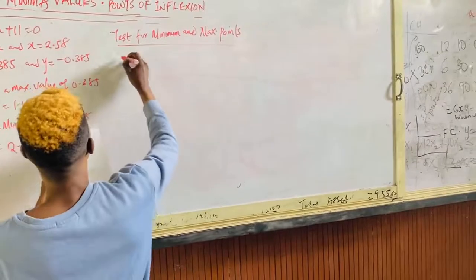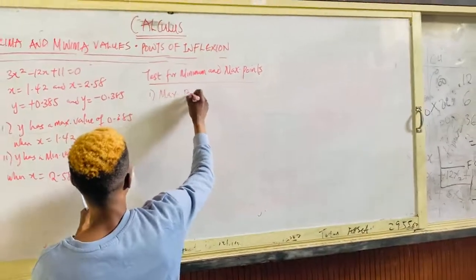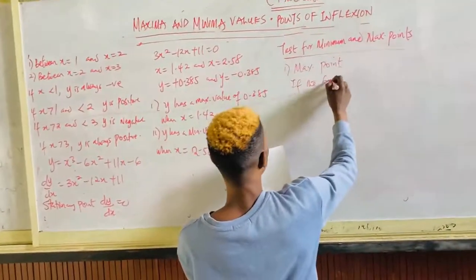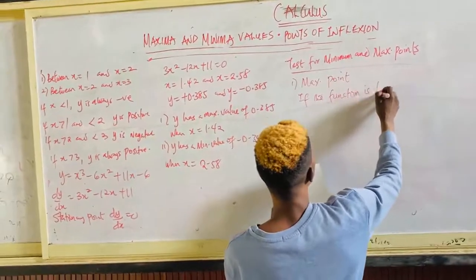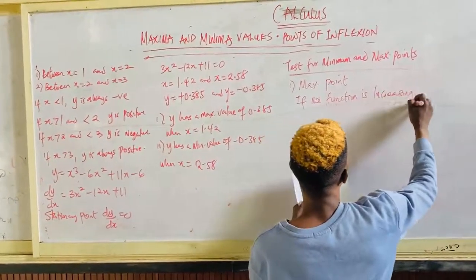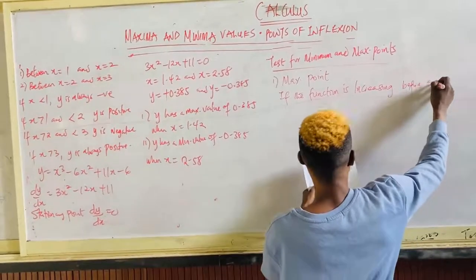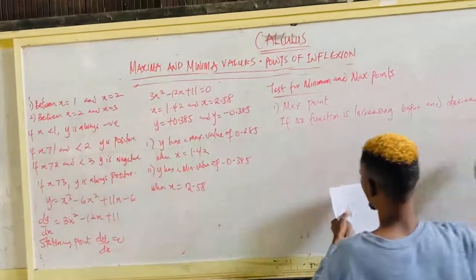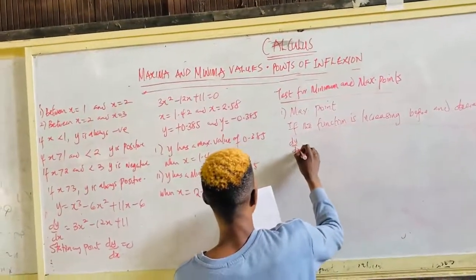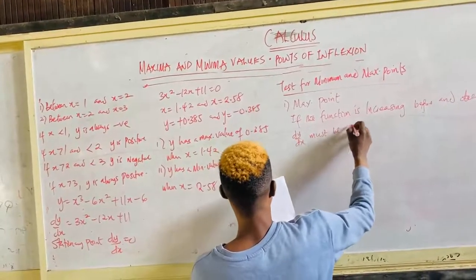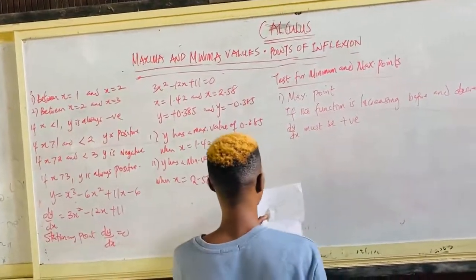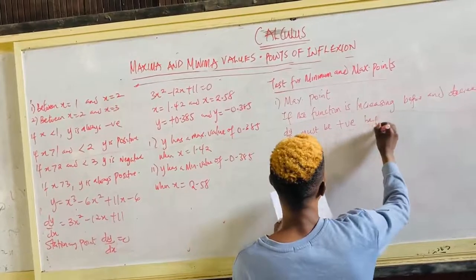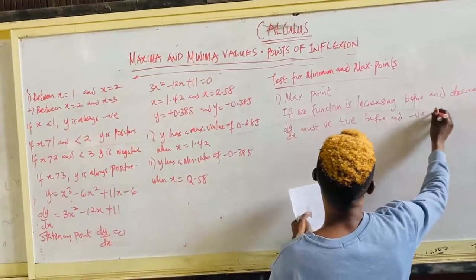Now for maximum points, if the function is increasing before and decreasing after, dy/dx must be positive before and negative after.